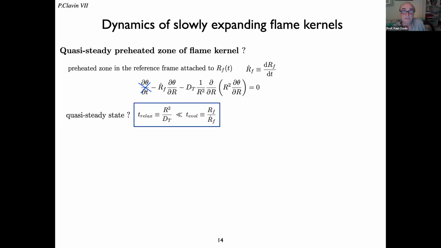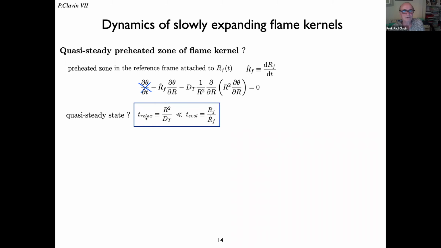And it turns out that there is the relaxation time to the steady state profile, which is this relation: when you have a radius, it is r squared divided by the diffusion coefficient.